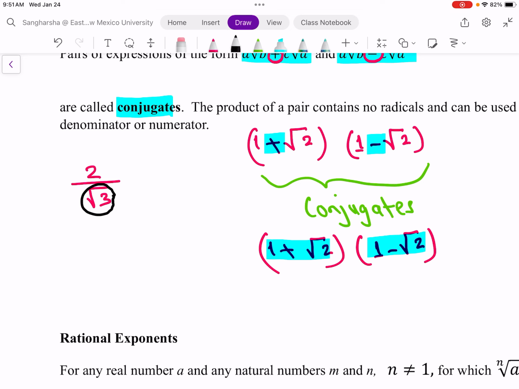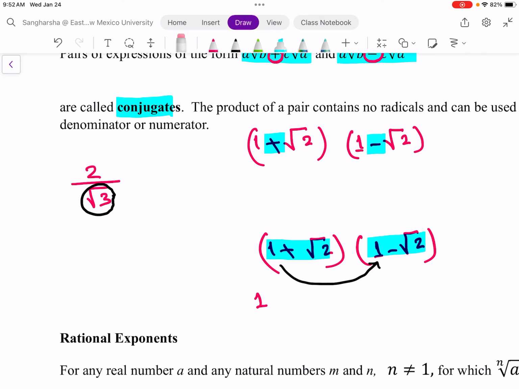So let's multiply the first terms, 1 times 1, that is 1. Then we look for the outside terms, 1 and negative root 2. So 1 times negative root 2 is negative root 2.